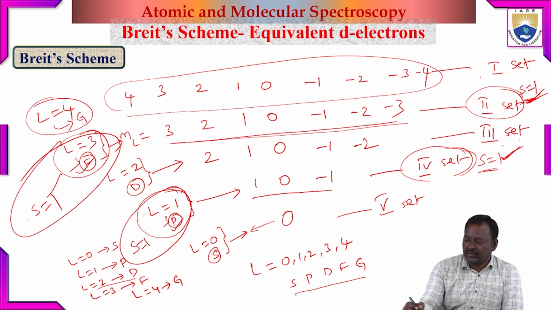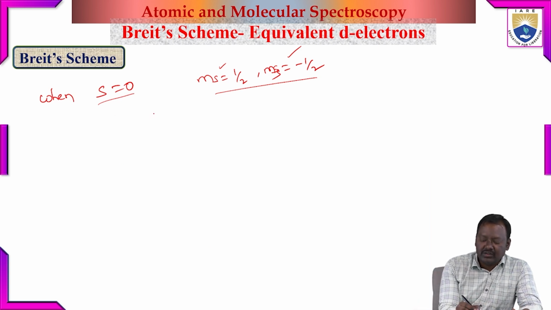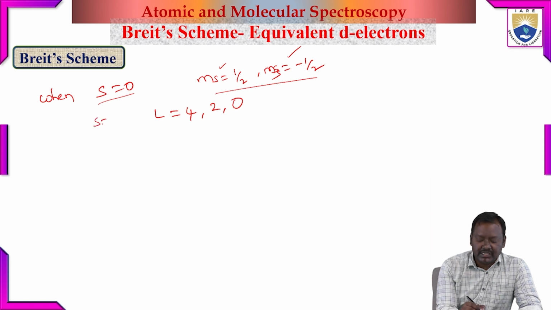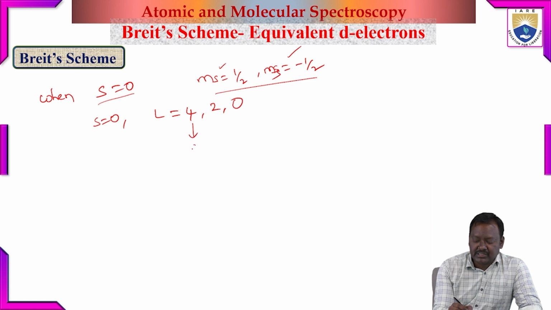For the third set L equal to 2, fifth set L equal to 0. So the possible L values for S equal to 0 are 4, 2, 0. That means L equal to 4 is spectral term G, L equal to 2 means D, and L equal to 0, the spectral term is S.